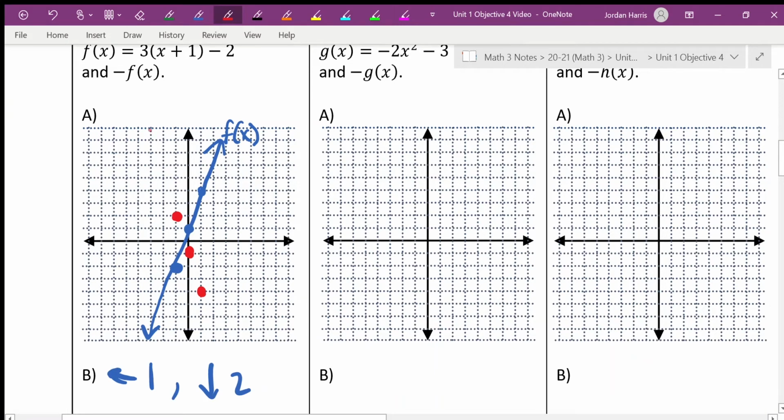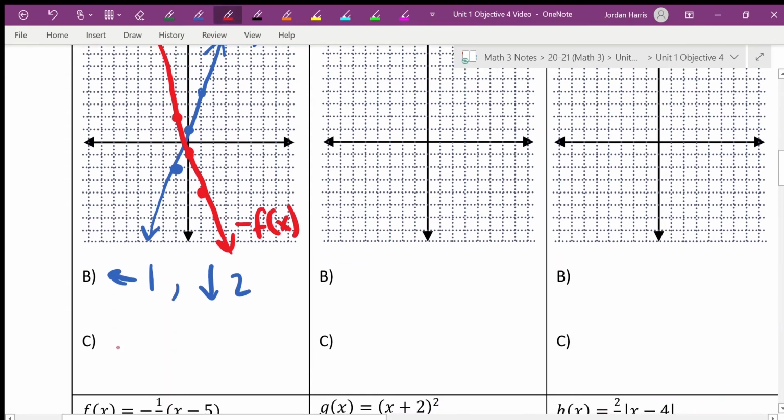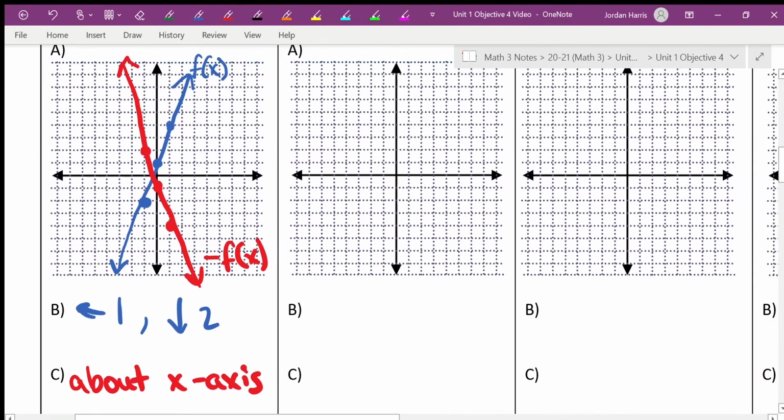And that's how you create the reflection. So just sketch that in the same way. And that is negative f of x. Okay, that reflection is about the x-axis. Because the negative in front tells us about the x-axis.